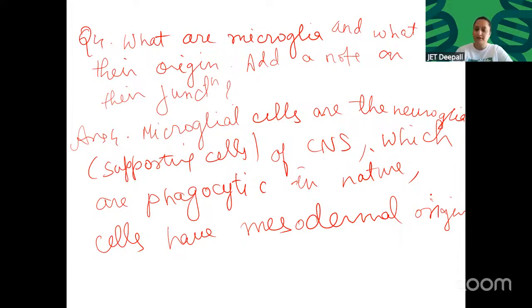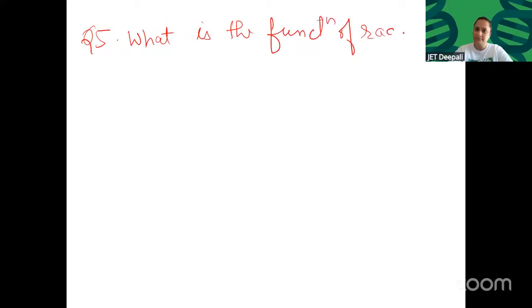Now coming to the next question, that is question number 5. Question number 5 asks what is the function of radula. Where have we studied about this radula? Think a lot.